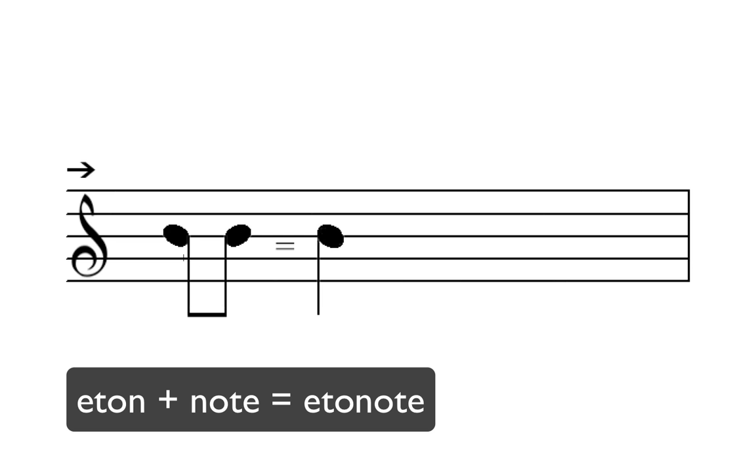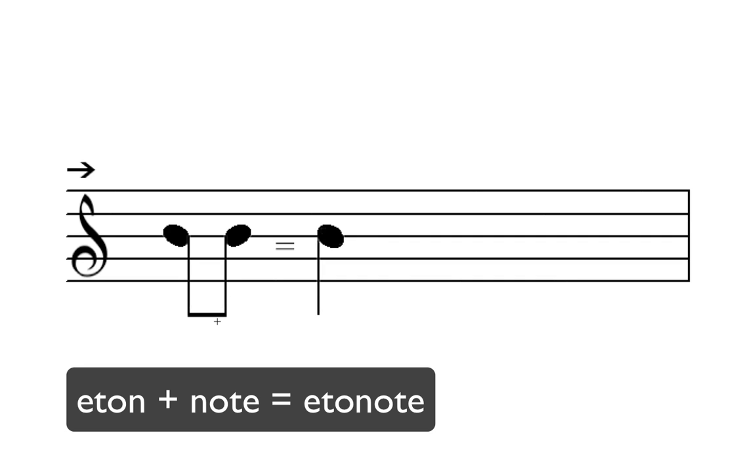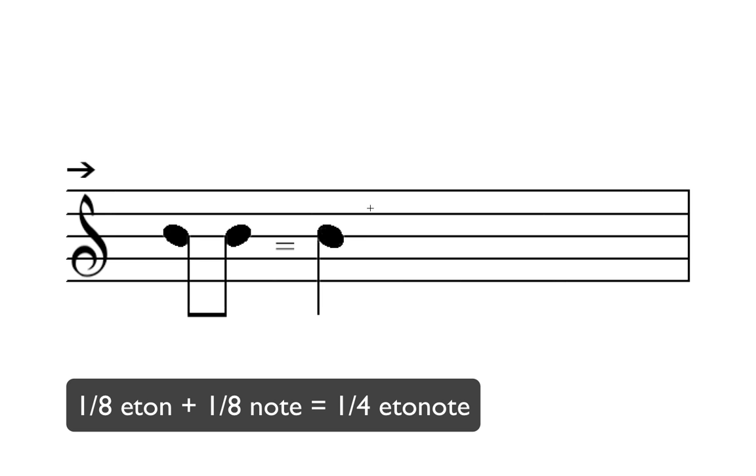Both record motions are played in direct succession. This is the reason why you see this beam here, and this one beam, this one thick line, indicates that the time value of each record motion is 1/8. So 1/8 plus 1/8 is a quarter, and this is the symbolistik of a quarter E-tone note.